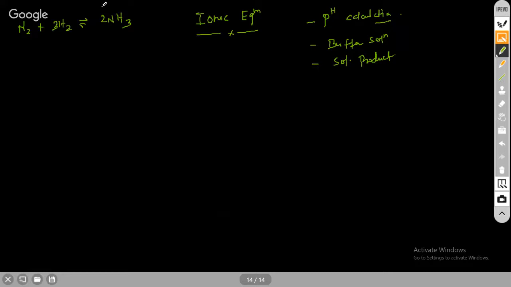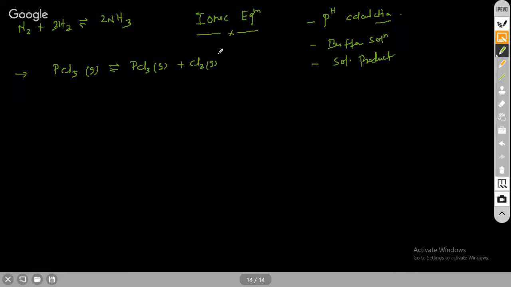Look at this one. A reaction is given, PCl5 gives PCl3 and Cl2, the same reaction I am taking. It attains equilibrium.